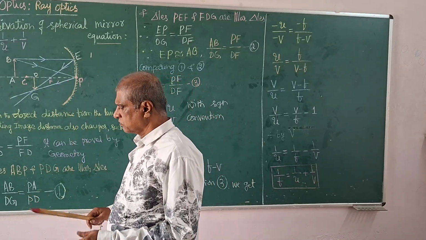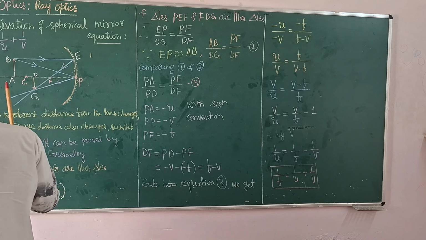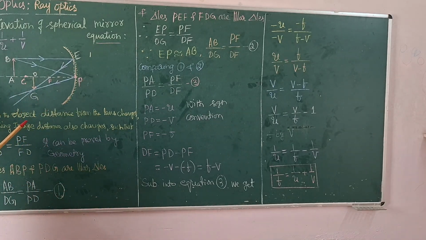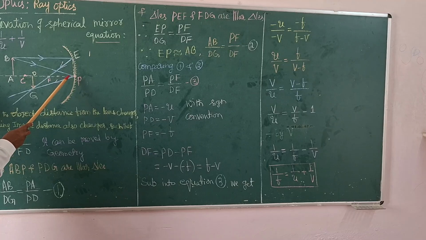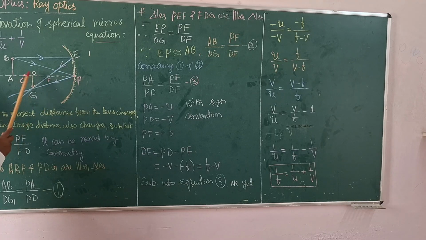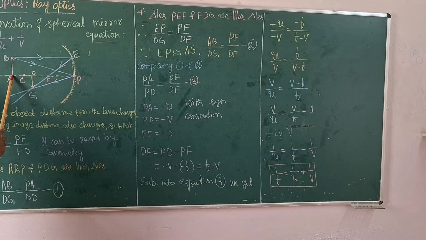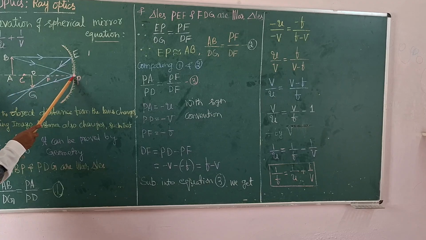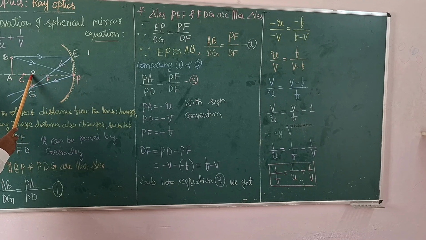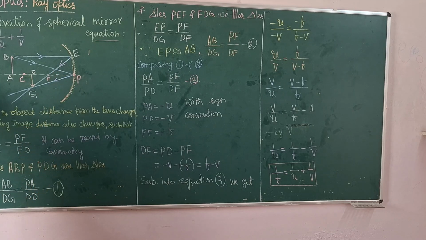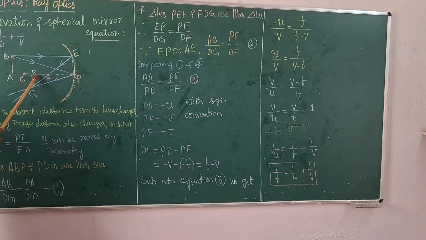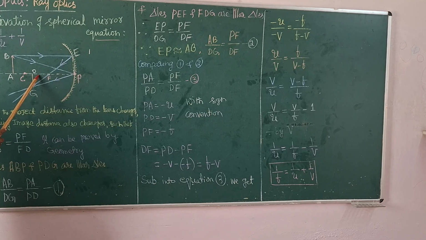In this diagram, see that there is experimental evidence. The distance PA, the distance of the object from the mirror, and PD, the distance of the image from the mirror, we always measure from the point P. These two distances are variable.